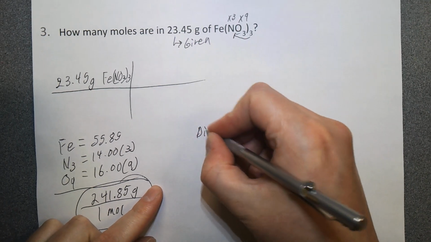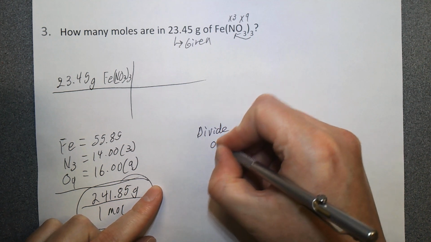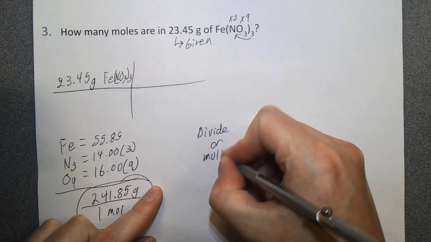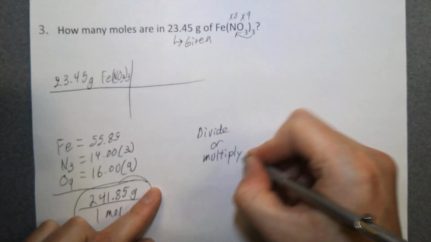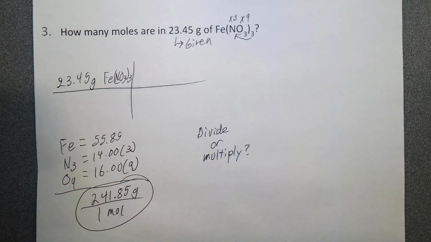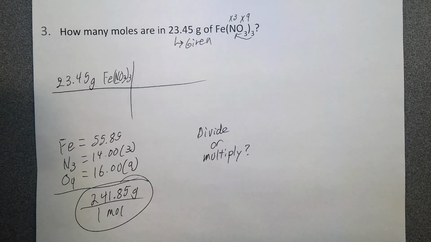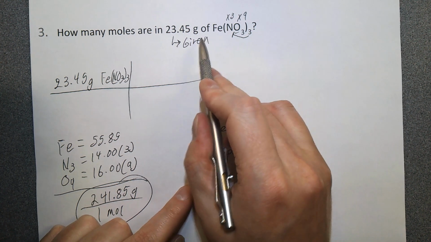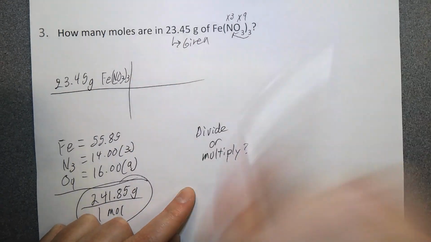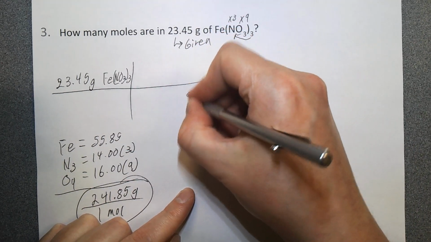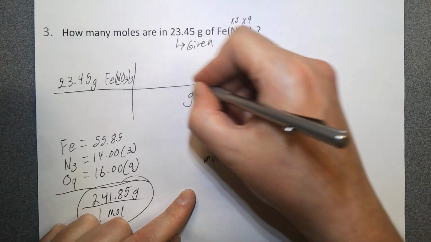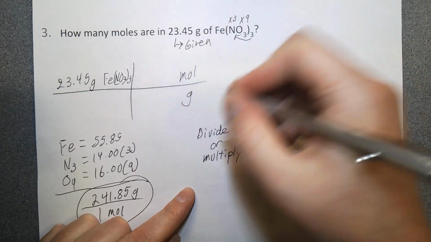So divide or multiply? You might already be able to tell that we're going to divide for this one, and the reason we're dividing is because we're going the opposite direction. The previous 2 problems asked us to go from moles to grams. This time we're being asked to go from grams to moles, so this time I need grams on the bottom and moles on top.